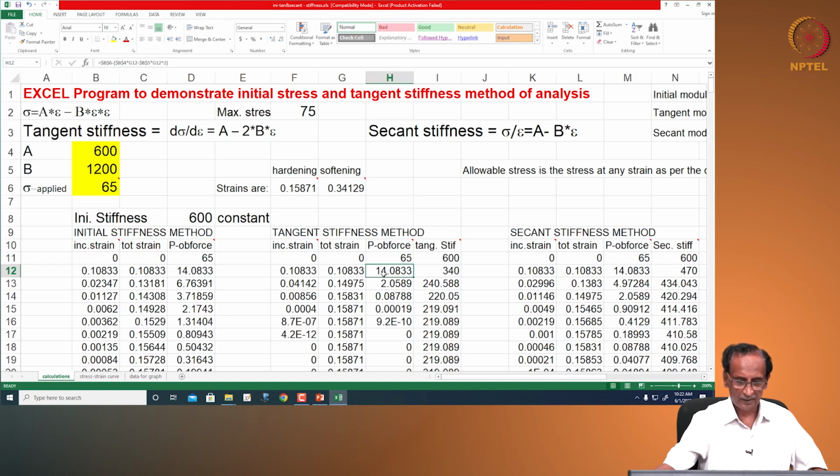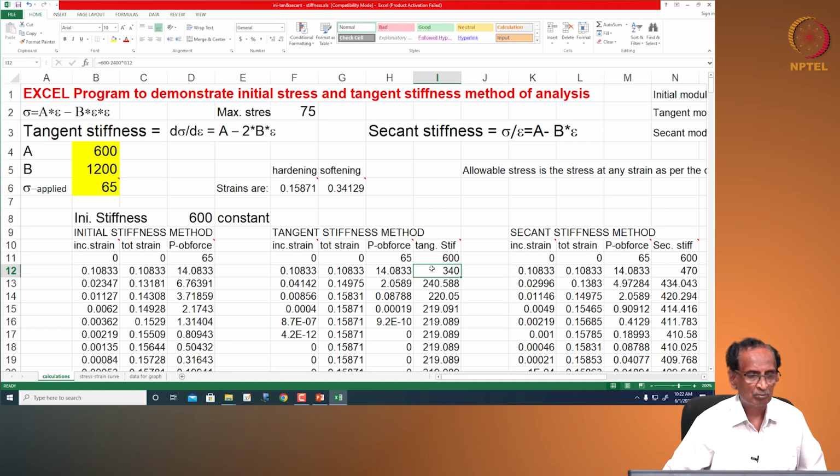In the first iteration, our outer balance stress is 14, and then we calculate the stiffness at this strain of 0.108, and if you see here, the tangent stiffness is A minus 2b epsilon. Okay. So the tangent stiffness becomes 340, and our incremental strain is the outer balance stress divided by 340 instead of 600.